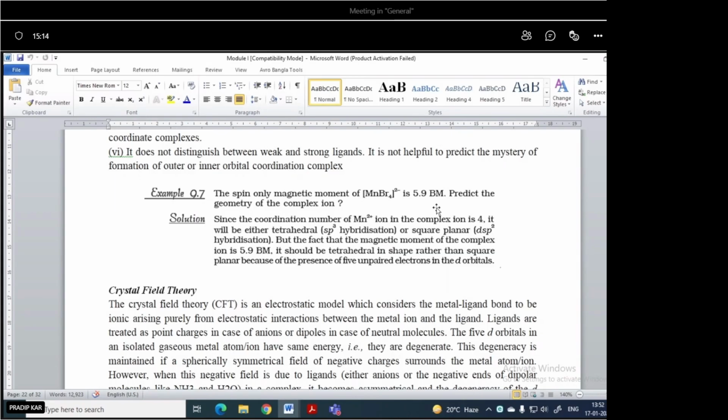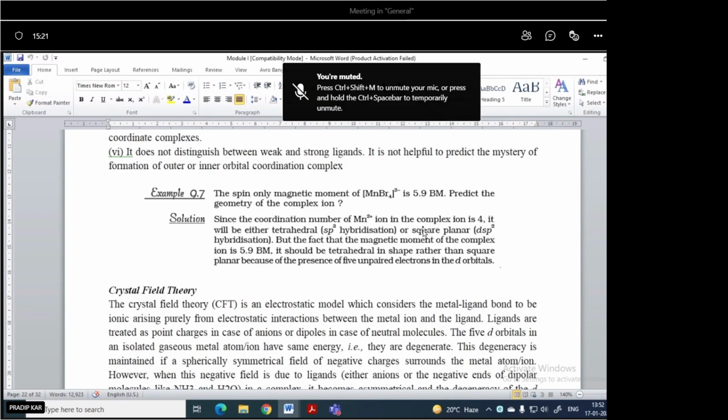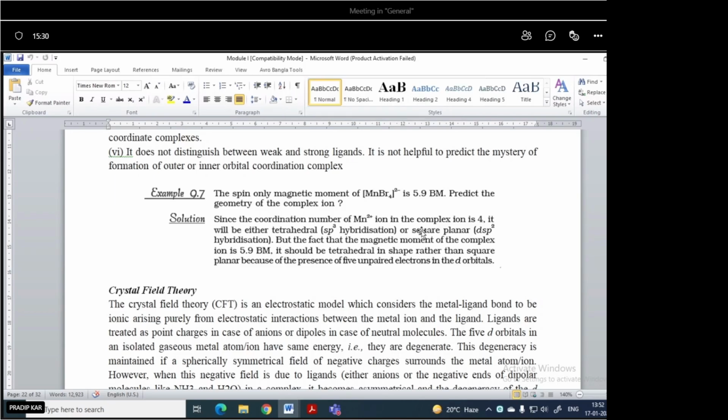And 5.9 is highly paramagnetic, which means the d orbital must have unpaired electrons. To have the unpaired electrons, the hybridization must be sp3. The d will remain untouched, 3d, and that is why the hybridization is sp3, which means it is tetrahedral in geometry.